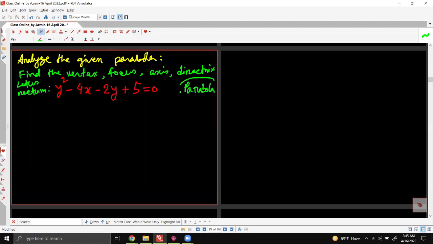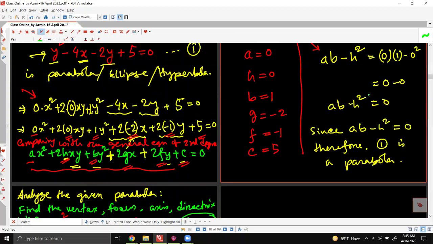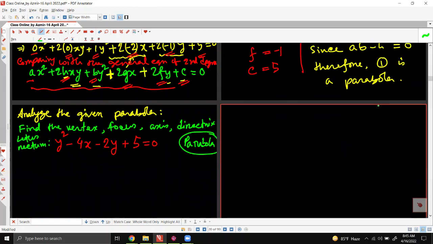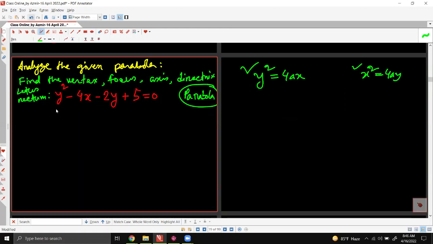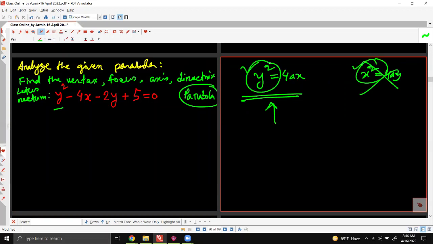So we know that this is a parabola because this is going with ab minus h squared equals 0. So a parabola has the standard form y squared equals 4ax or x squared equals 4ay. We know the formulas for these two equations. So since we have y squared here, that means the equation will be similar to this one, not this one. Here we have x squared, but here we have y squared.